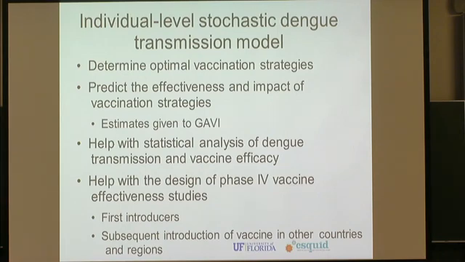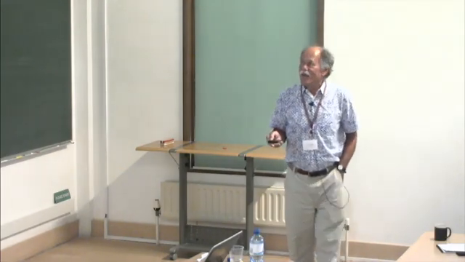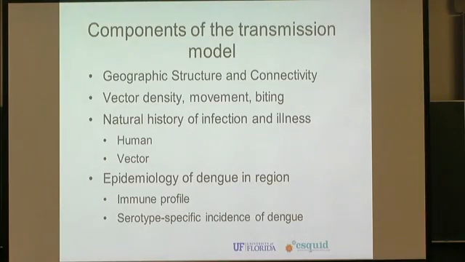And at this point, a lot of this has been a modeling exercise. So we have constructed a model, which I'll describe in a little bit of detail as we move through today's lecture. It has very explicit geographic structure and connectivity. It has vector density and movement, biting rates of mosquitoes.